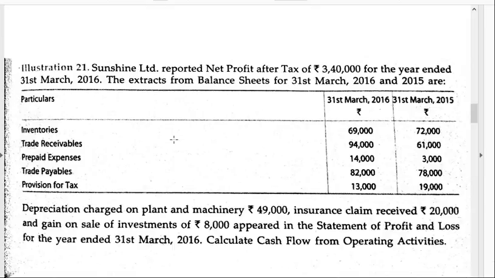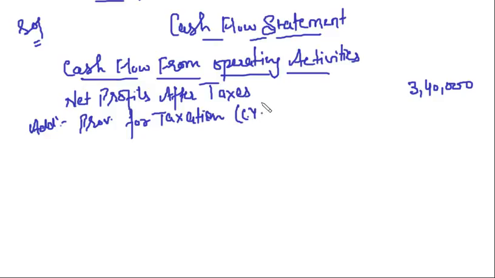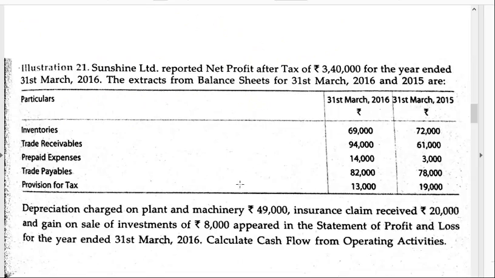For the current year's provision for taxation, we will adjust the net profit by adding provision for taxation, current year, which is 13,000. Clear? The current year's provision for taxation will be added back because it does not involve actual cash outflow. We are just creating a provision for paying the tax in the future. Clear?